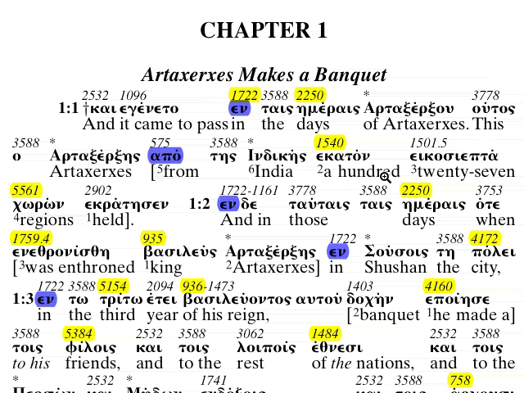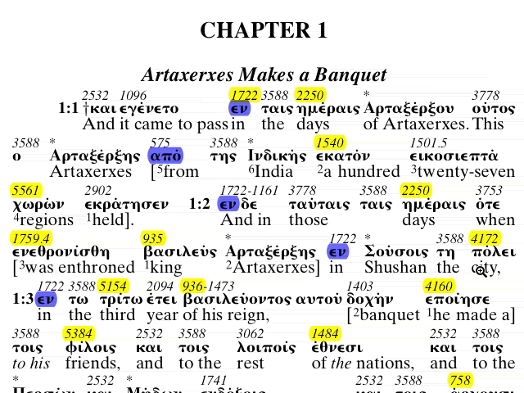And in verse 2, en te hemera tautes, hote enethronisthe Basileus Artaxerxes en Sousois te polei. And in those days, if you didn't have the en there would be, and those days, although the tautes is in the dative, which means it's indirect object, so in some places they wouldn't have the preposition there.